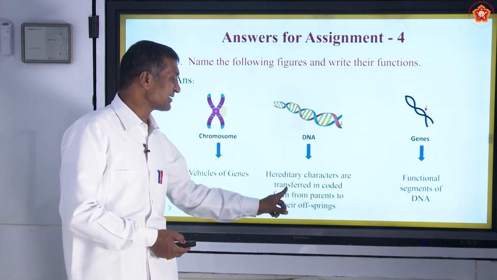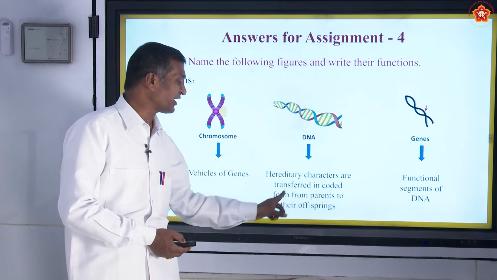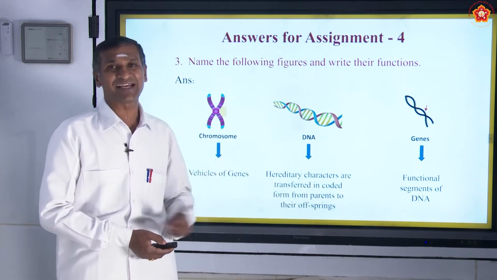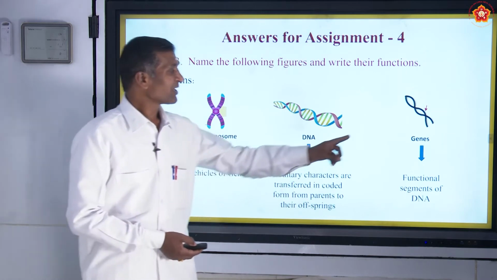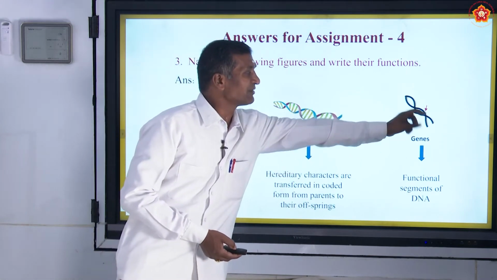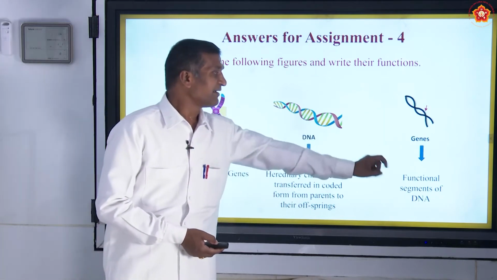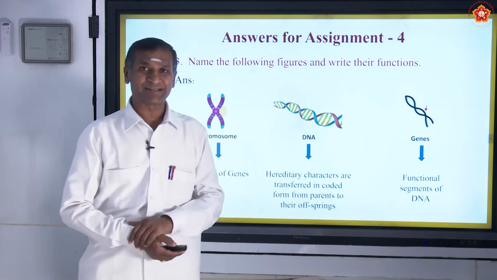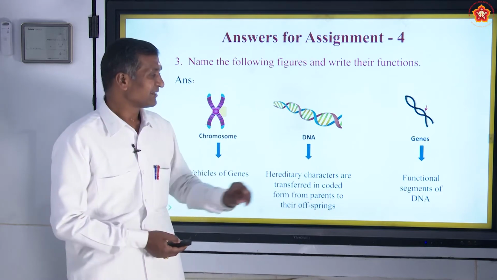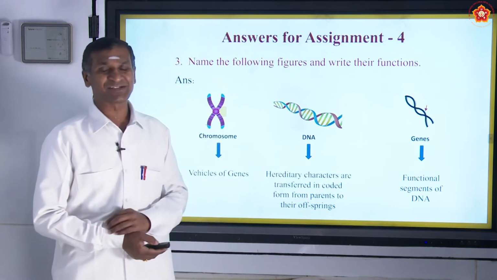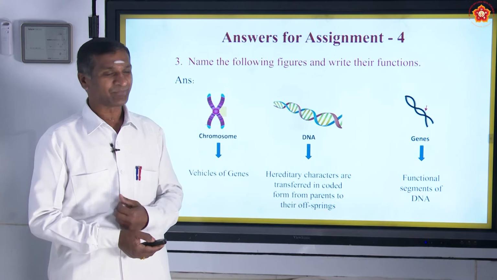Hereditary characters are transferred in coded form from parents to their offspring. Next, you are seeing one arrow mark pointed there, and it represents the genes. They are the functional segments of DNA.